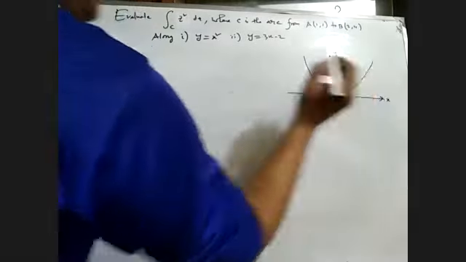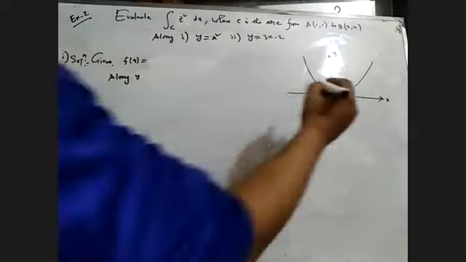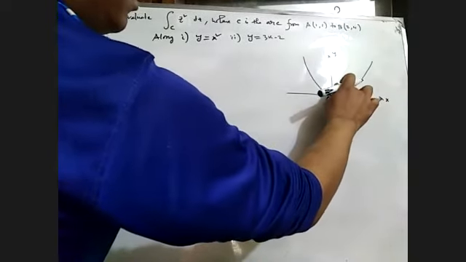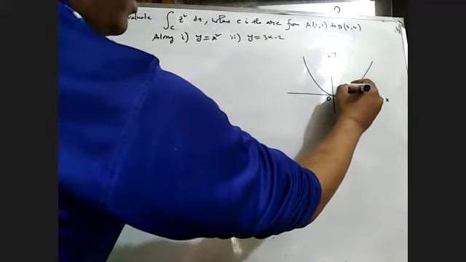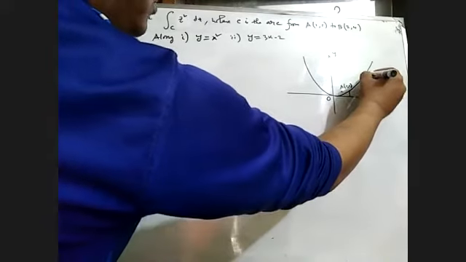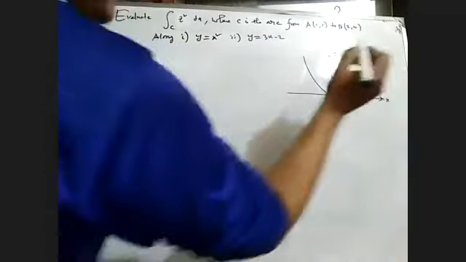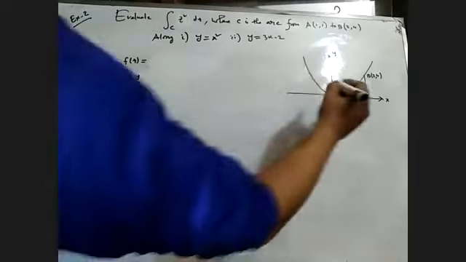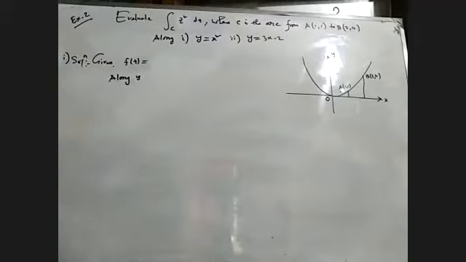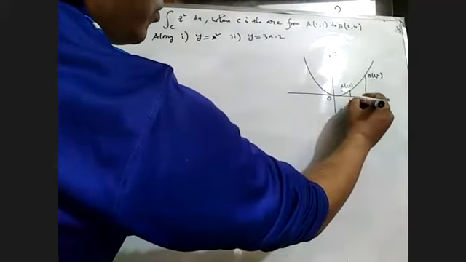Suppose A point is 1 1. Here A point 1 1, this is the curve. Another point, suppose B, 2 4 point. Okay, this is the 1 1, and here this point will be 1 0.